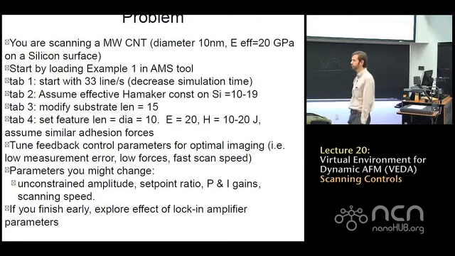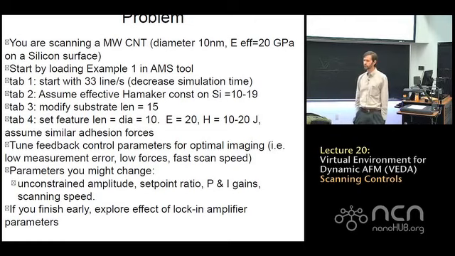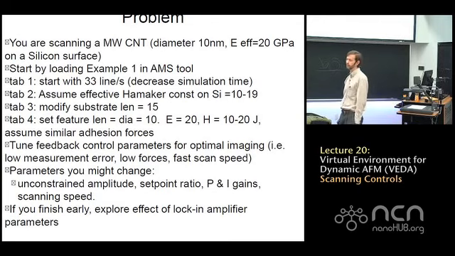You know if your data is good or not, and if it's not good, you know which parameter to change in which direction. So for example, if you go in and you do your experiment, and you do an approach retract curve, and you see that you have a very large bistable region, one thing that you can do to reduce that size of the bistable region is to increase your unconstrained amplitude. So if you go to a larger amplitude, you're reducing the effect of those attractive forces.